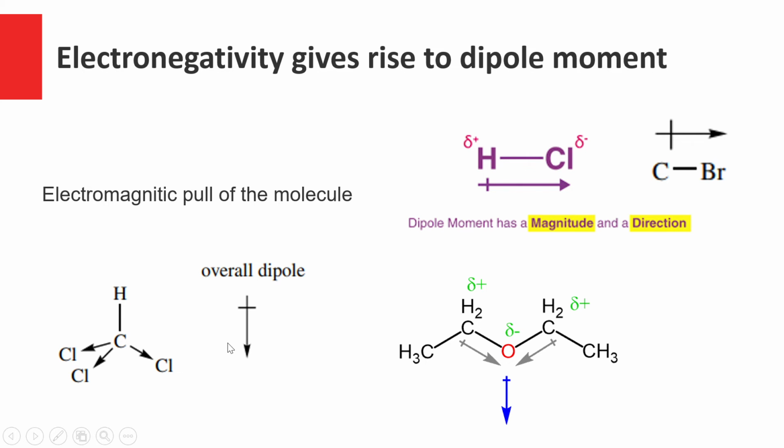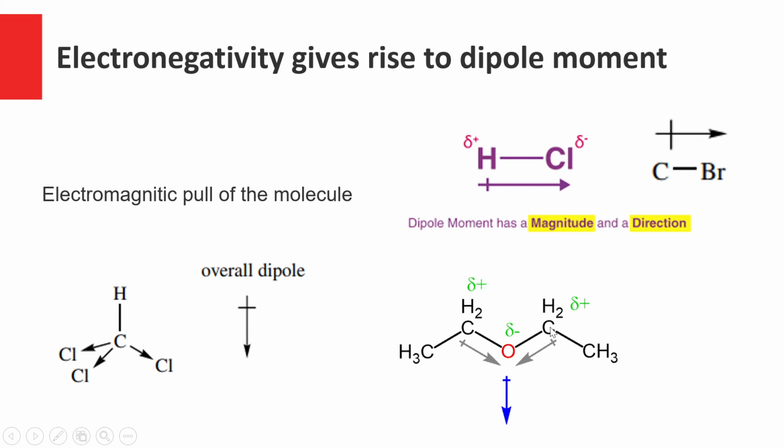When you have a more complex molecule, like the carbon that is bonded to 3 chlorides and 1 hydrogen, then what you have is an overall dipole. So overall, in this larger molecule, the electrons are being pulled in the direction of the chloride atoms.